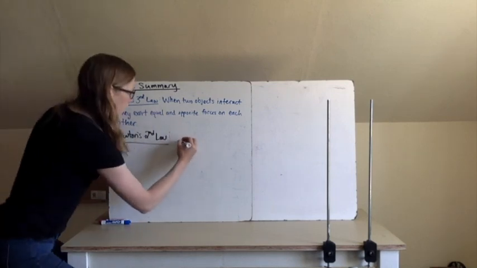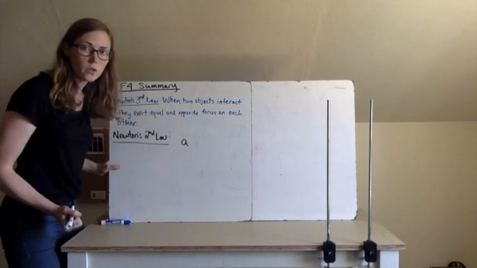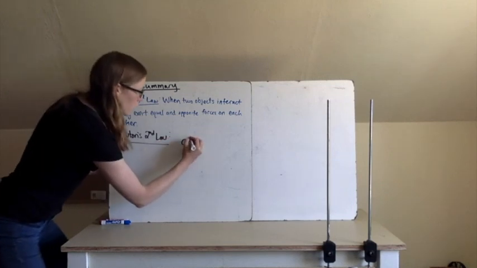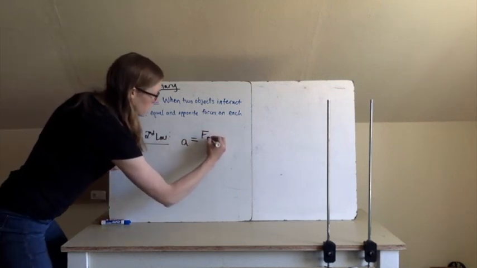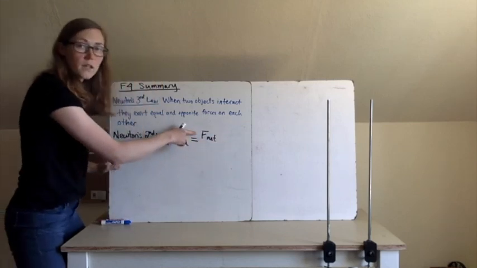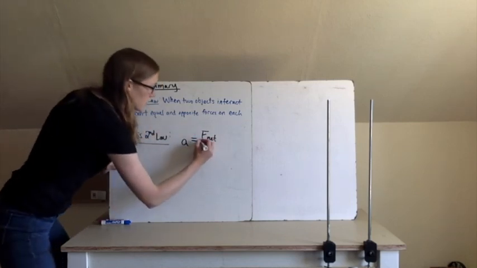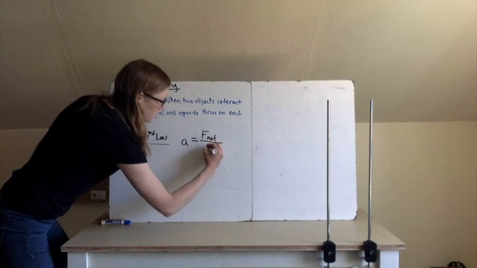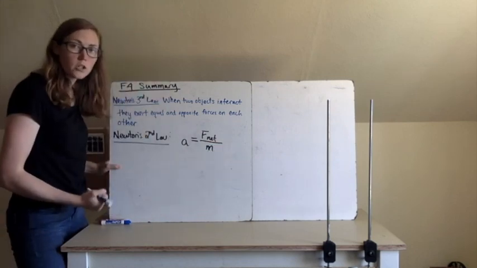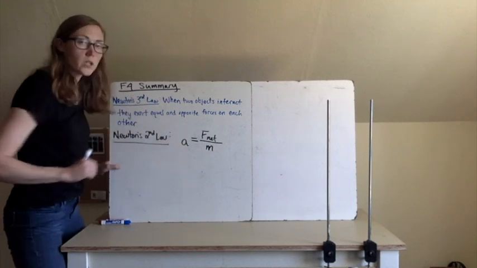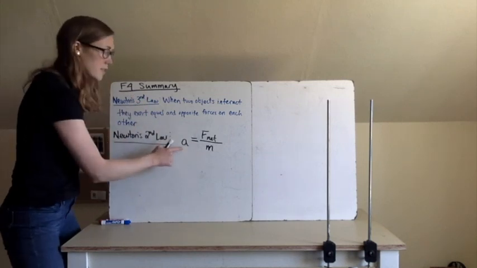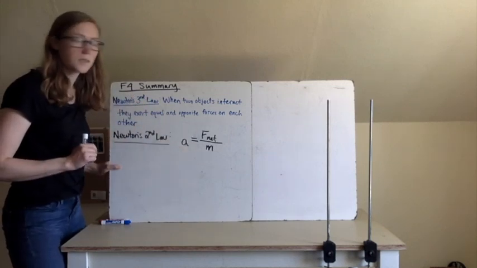The acceleration that results due to unbalanced forces is directly proportional to the net force acting on that object and inversely proportional to the mass. Or if they have the same force acting on them but different masses, they're going to have different accelerations.